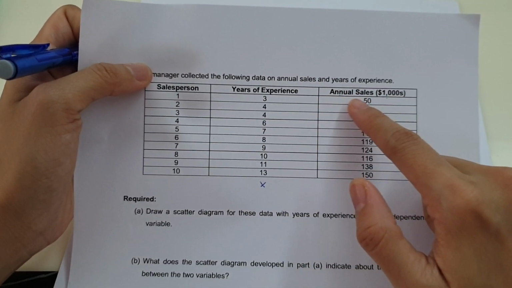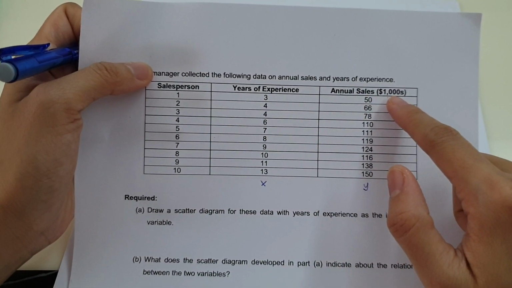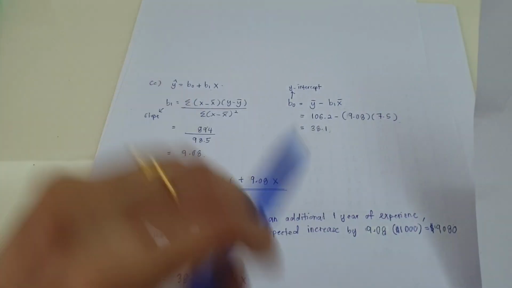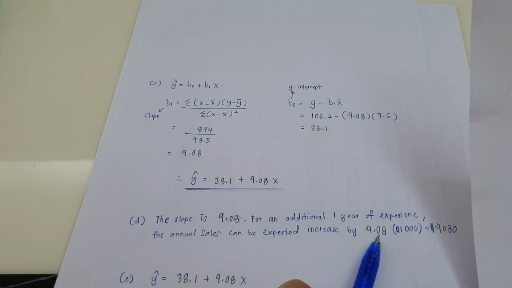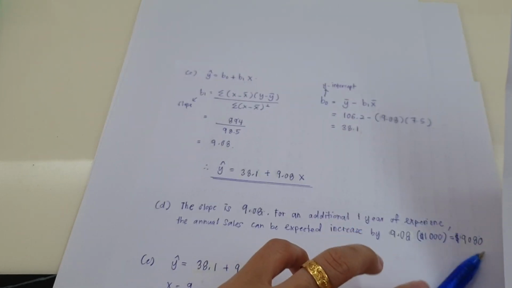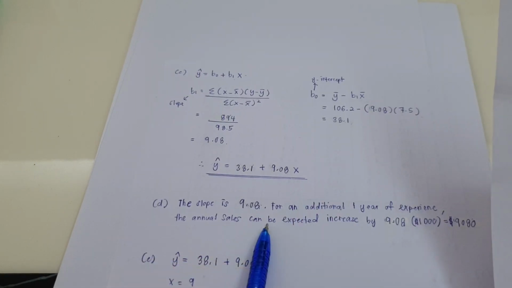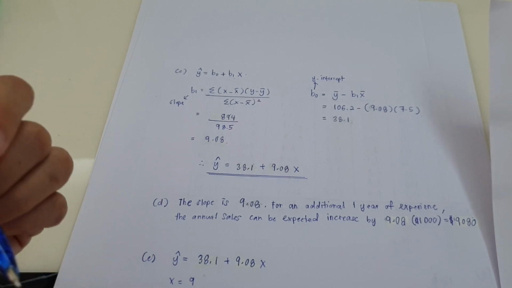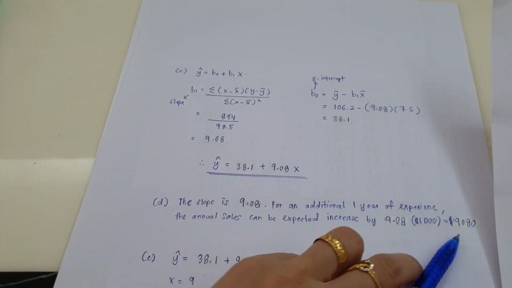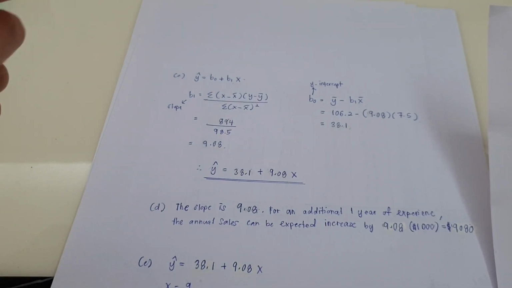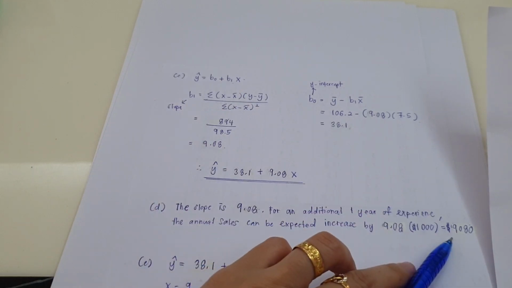It already states 1000 here. So 9.08, you just multiply by 1000, and this would be your answer. For every 1 year of experience increase, annual sales can be expected to increase by this amount.